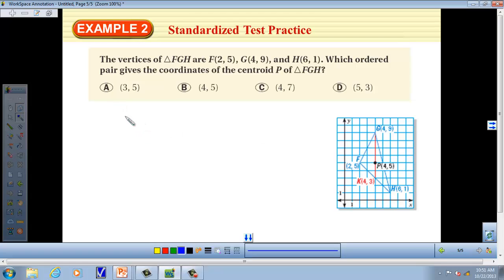What we would do in this case is find the midpoint of FH, so we'll call that K, the midpoint of FH.